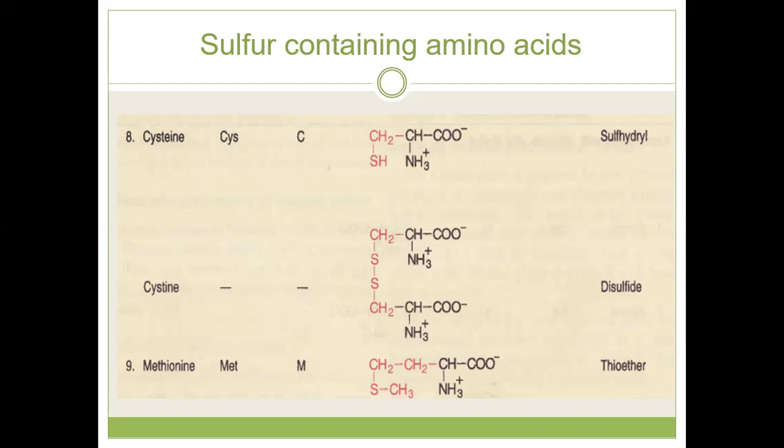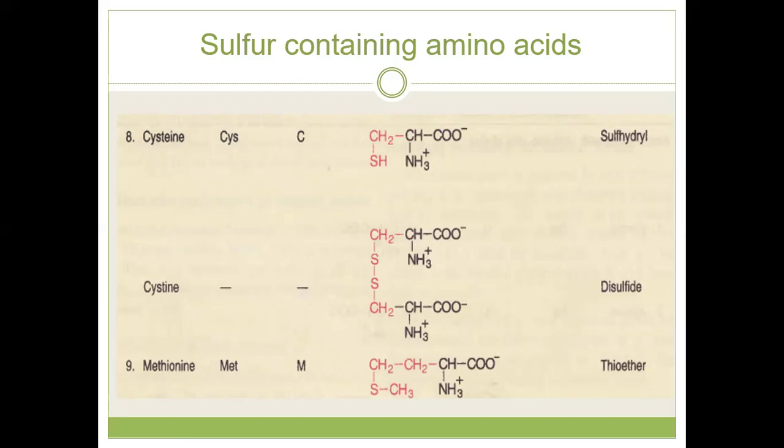The sulfur-hydryl group can come together to form a bond between the 2 sulfur atoms to give what we call a disulfide bridge. We'll see what is disulfide bridge and to what importance is disulfide bridge. Disulfide bridge is very important when we are talking about the formation of secondary and the tertiary structure of a protein.